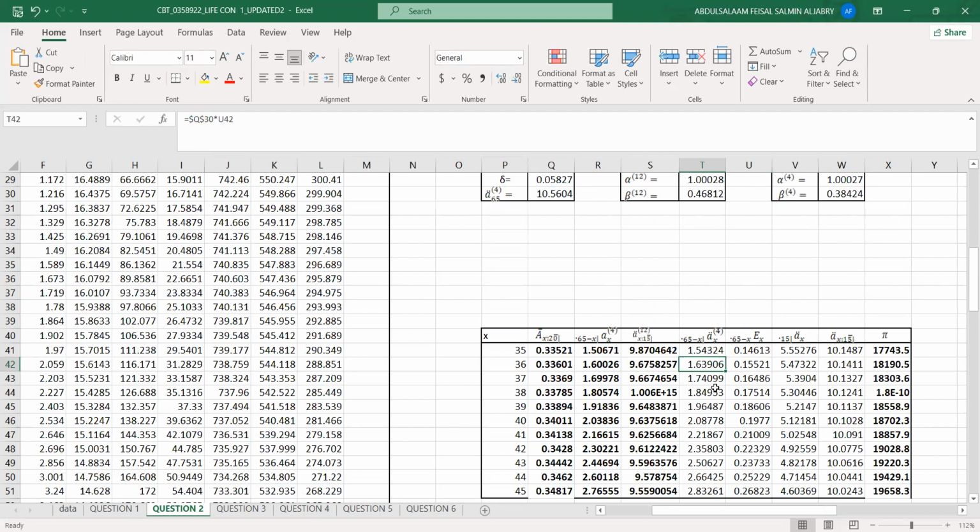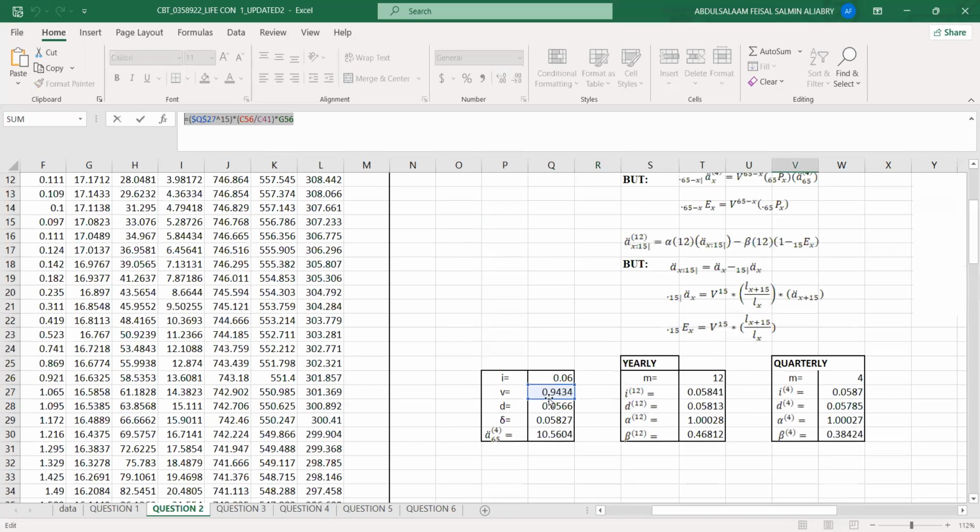After getting these two components, by then we can get this one. So we take this minus this divided by 4. Okay, and lastly, to get the third main component, we need to find these two values. This value I can get using this formula here.